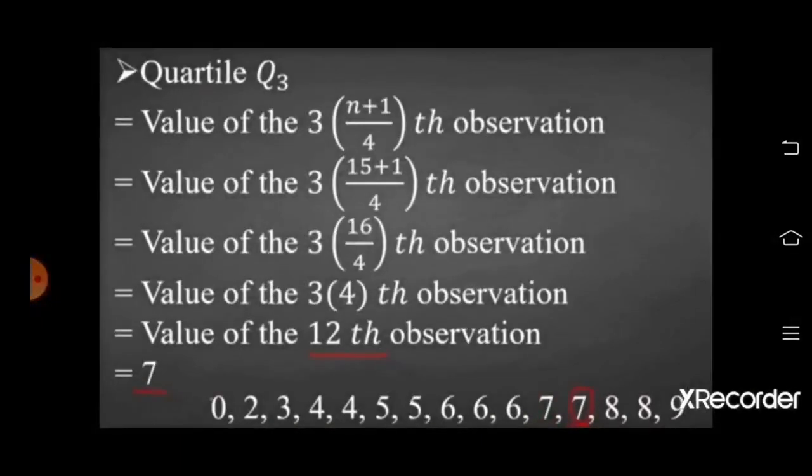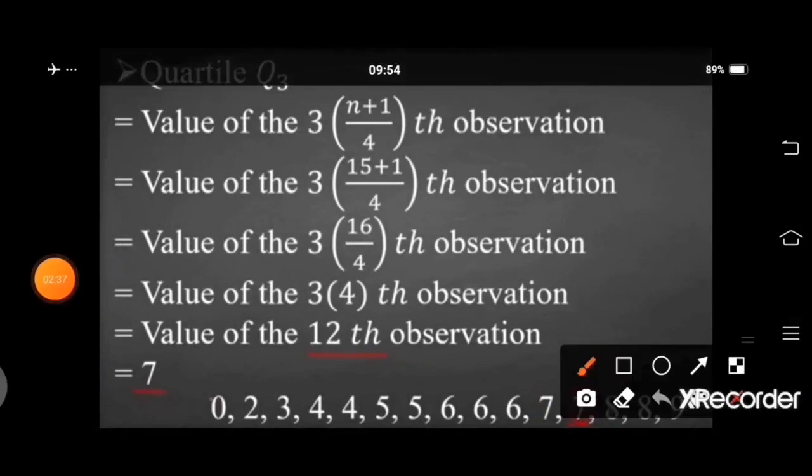Now third, quartile 3. We write quartile 3 means 3, then the same formula, n plus 1 upon 4. We will write n equal to 15 plus 1 upon 4, times 3.